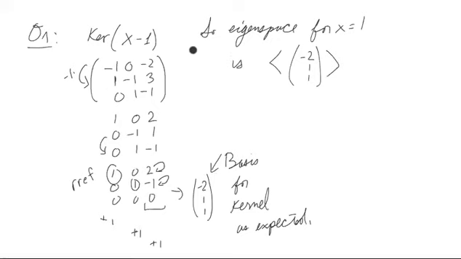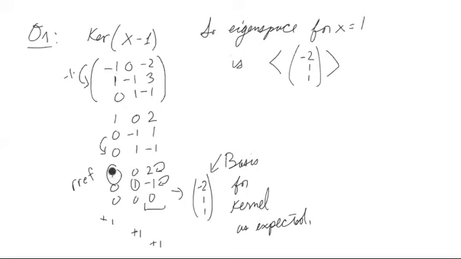So now we could have also looked at the kernel of x minus 1 to get that. We subtract 1 from the matrix. We do a few row operations to get down to the reduced row echelon form. We use a little technique right here to get to the basis for the kernel. We look at the one non-pivot column, and for each pivot, we kind of go over.